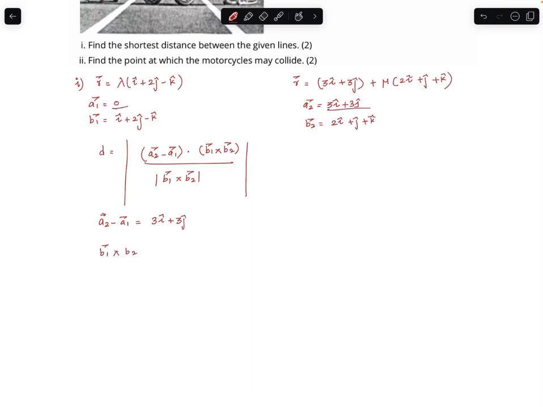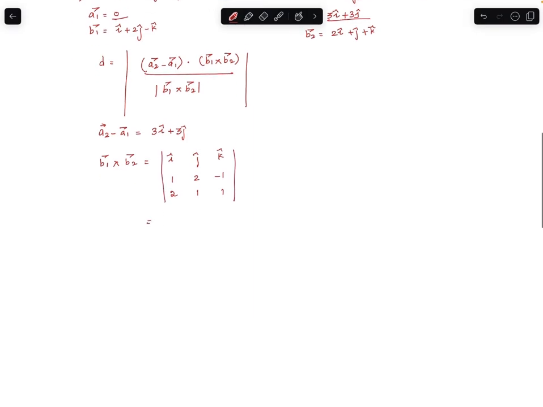b1 cross b2, let's take down the i, j, k components of b1 and b2. For b1 it is 1, 2 and minus 1, and for b2 it is 2, 1 and 1, which is i times (2 plus 1) minus j times (1 plus 2) plus k times (1 minus 4), which is 3i minus 3j minus 3k.